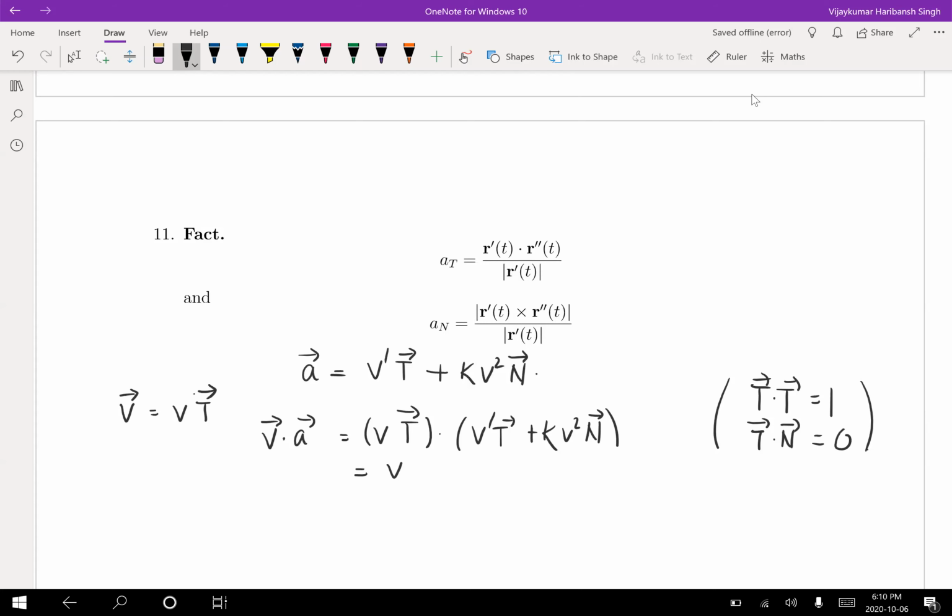In other words, you can write a_T, which is v prime, as v dot a divided by v, that is the same as r prime of t dot r double prime of t divided by the length of r prime of t.